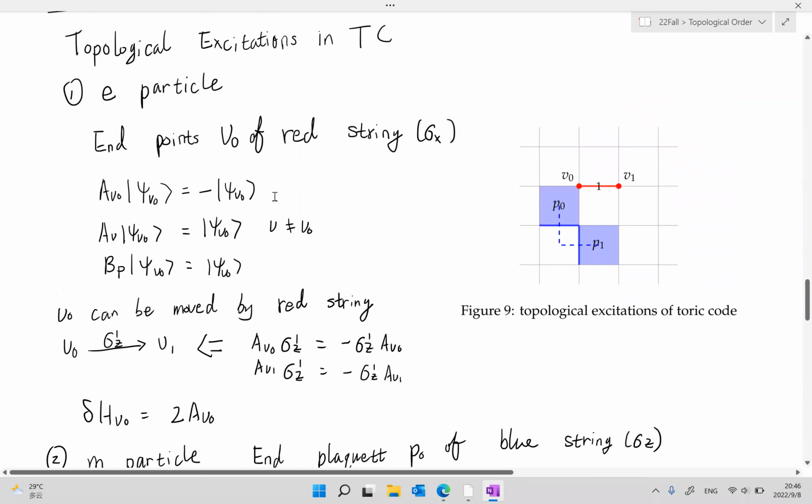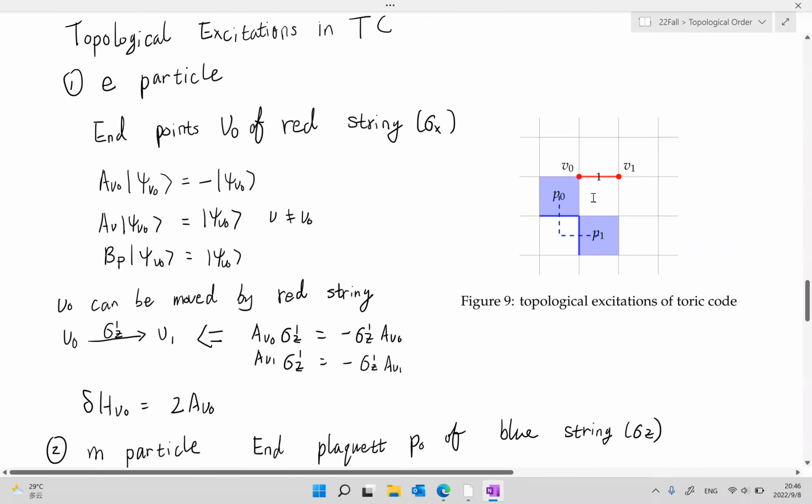It says that intuitively it's the end of the A_V operators. Say we see the V0 in this graph, and so it satisfies some equations. Okay, let me see.